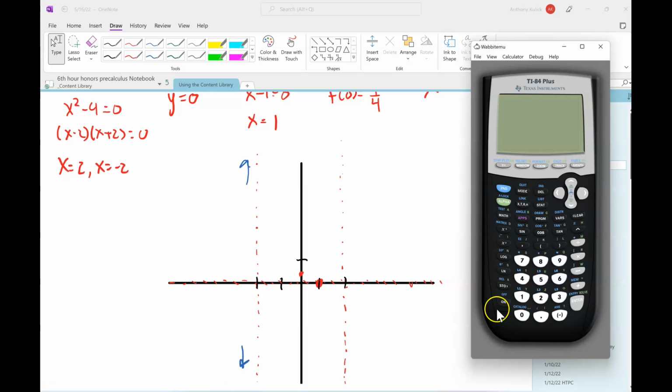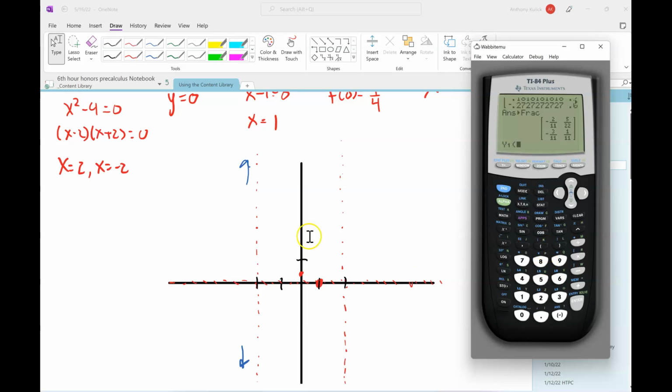So I'm going to use my calculator to do that, because it's kind of a hassle. The easiest way, in my opinion, is to enter my equation into the y equals menu, and then use the vars, y vars function y1.